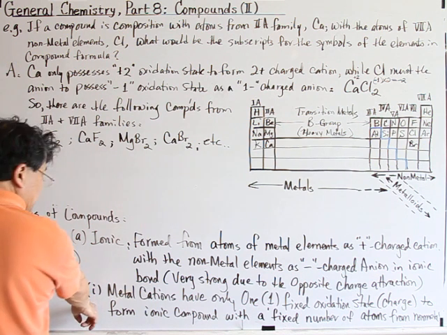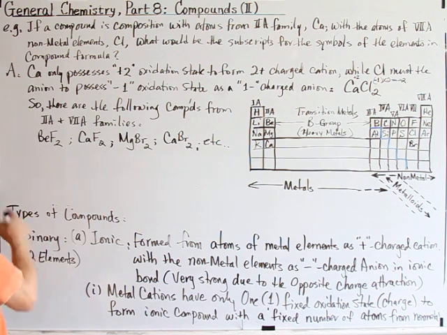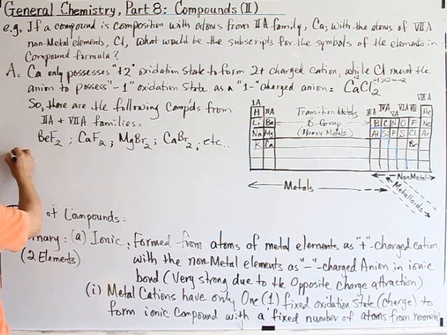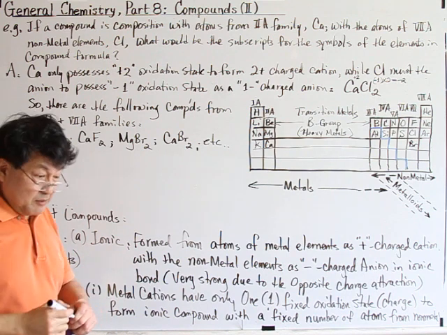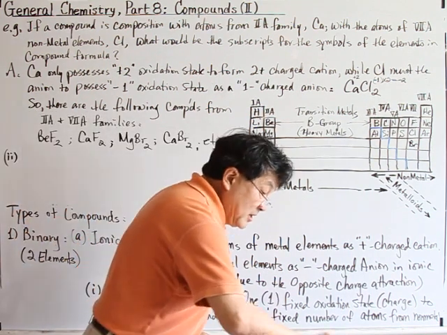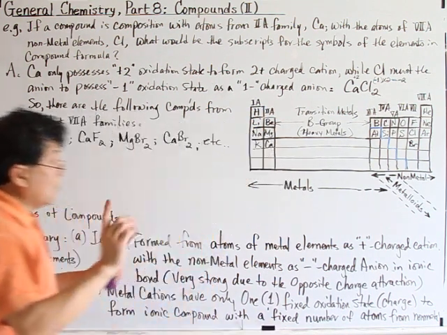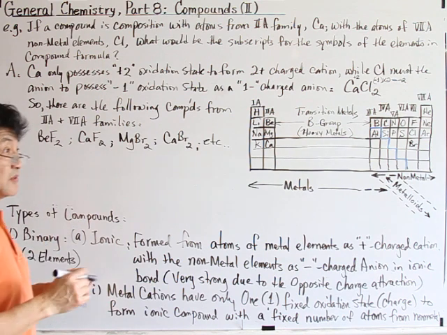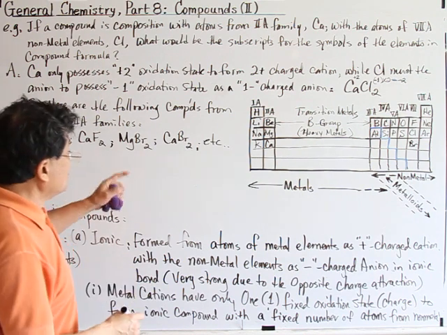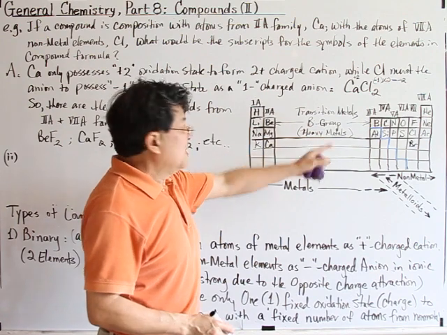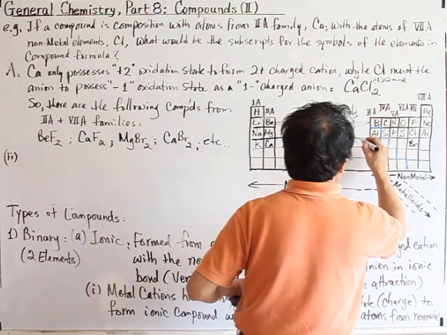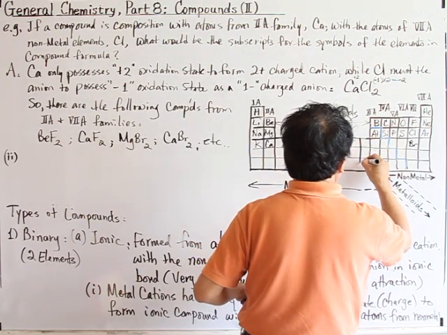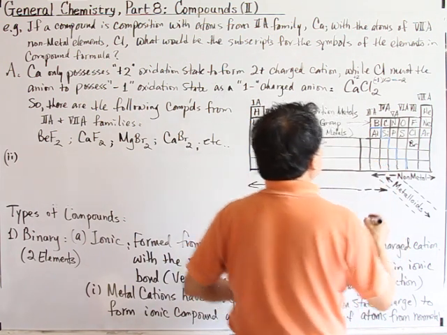Now that's the first type of ionic binary compound. The second type: the metal element has more than one oxidation state. Most of the time they come from the transition metal group, the B group. For instance, let me give you a few of them, and these are not uncommon.